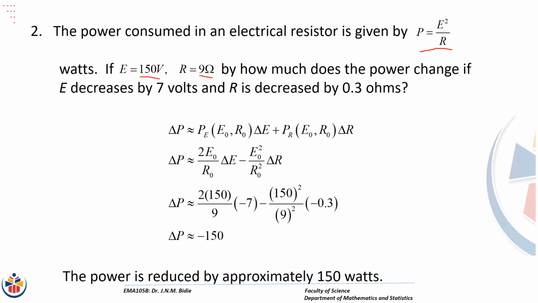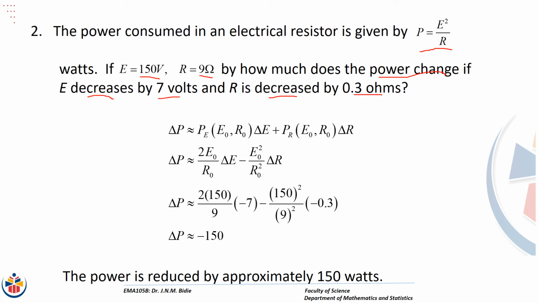Question is, by how much does the power change if E decreases by 7 volts? So note it's decreasing, and R is decreased also by 0.3 ohms.